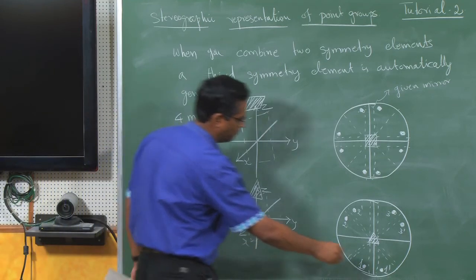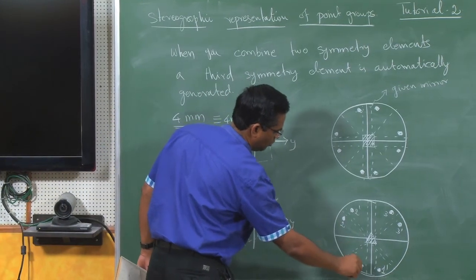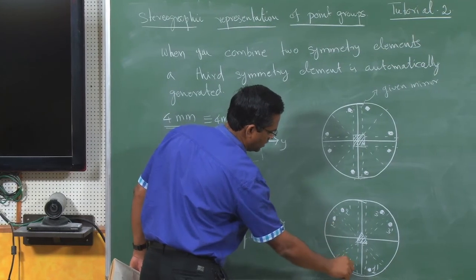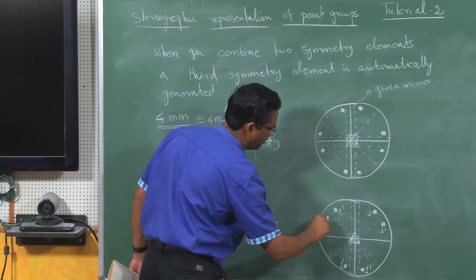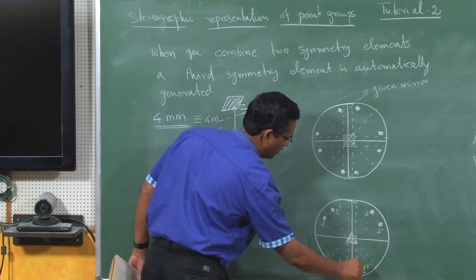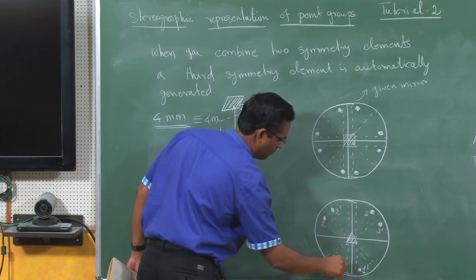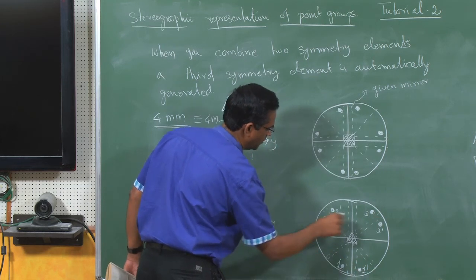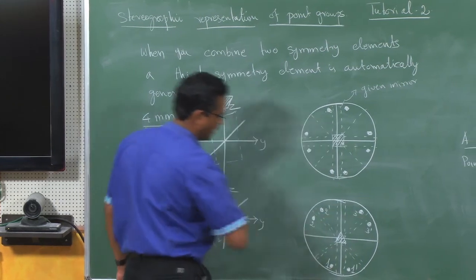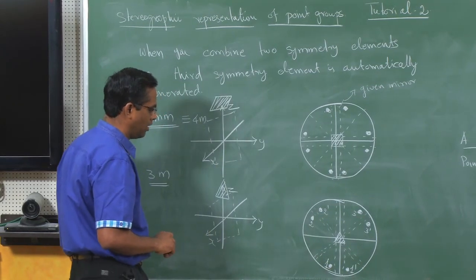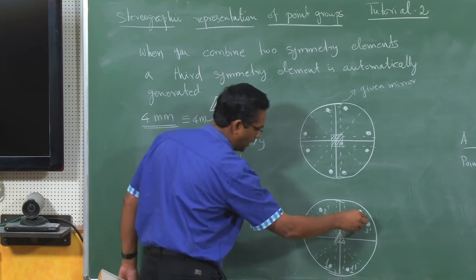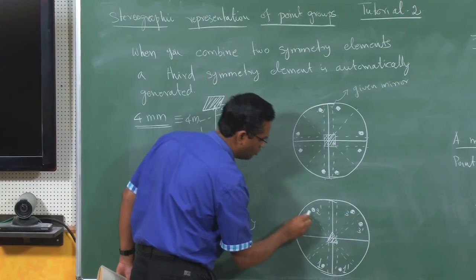Here you see you have this 120, since you have a mirror here it will have reflection, again 120, since you have a mirror here it will reflect. Like that this produces 6 equivalent points, but you can also realize that it generates 2 more mirrors here.